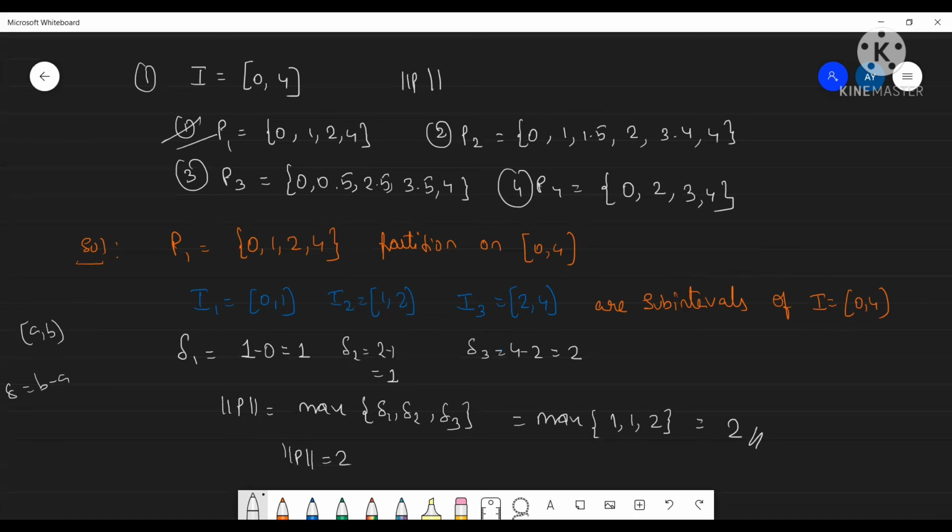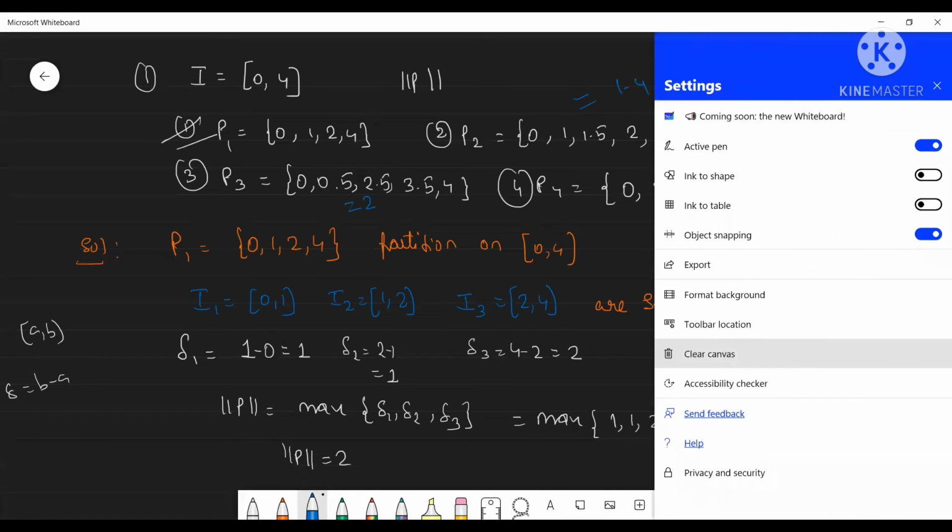In the same way, you try the second, third and fourth questions. Here the answer in the second one will be 1.4. In the third one, it will be 2. In the fourth one, this will be 2. Okay, now let us look into the next problem.